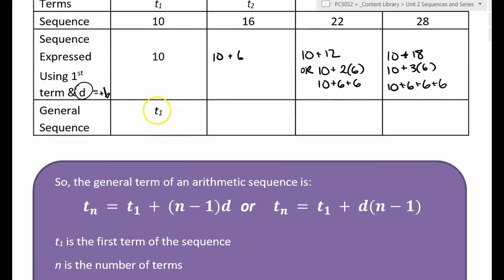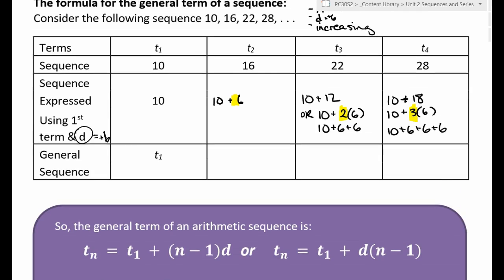In general, if 10 is term 1 and d is my common difference, I can count how many times I've added my common difference, and maybe I can make a link here. So 10 is term 1, done. Term 2 can be written as term 1 plus d. Term 3 is going to be term 1 plus 2 d's.